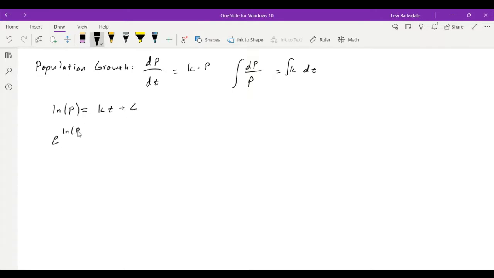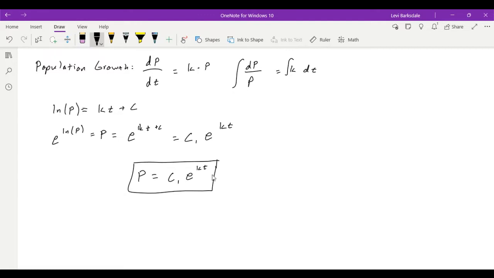So e to the natural log of p, which is p, is equal to e to the kt plus c, which is equal to c1 e to the kt. So our solution is p is equal to c1 e to the kt. And that would be a solution to our differential equation.